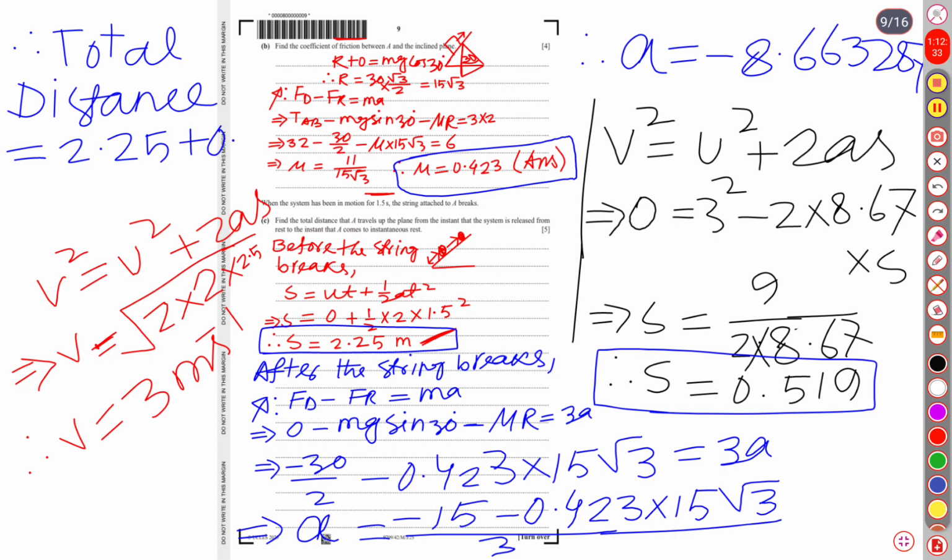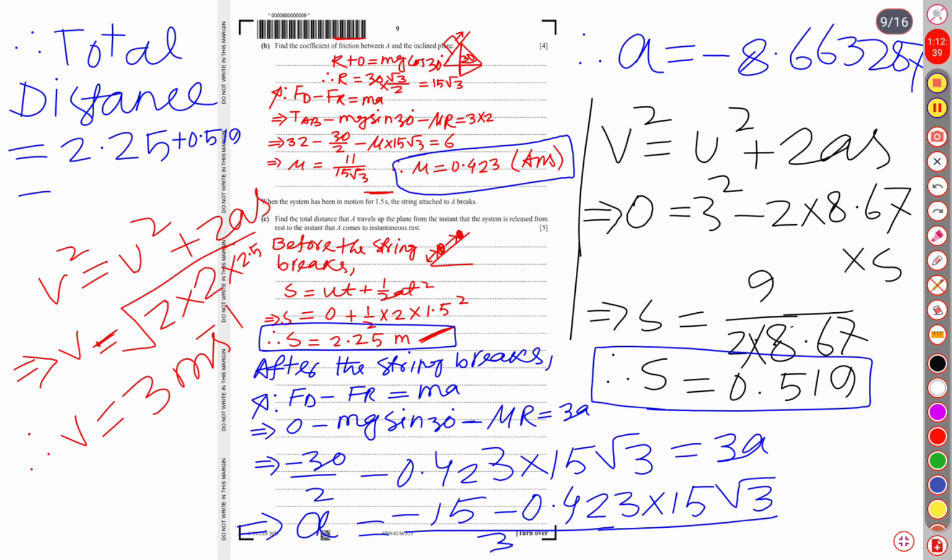If we add up these two quantities, it is going to be 2.769, that means 2.77. So 2.77 meters is the total distance, which is the final answer.